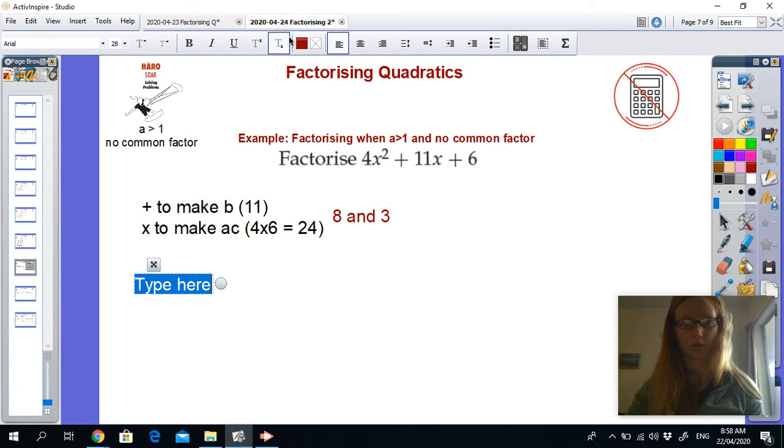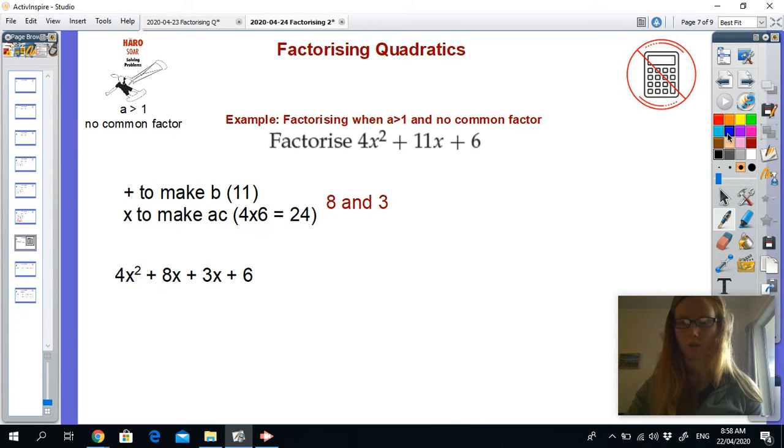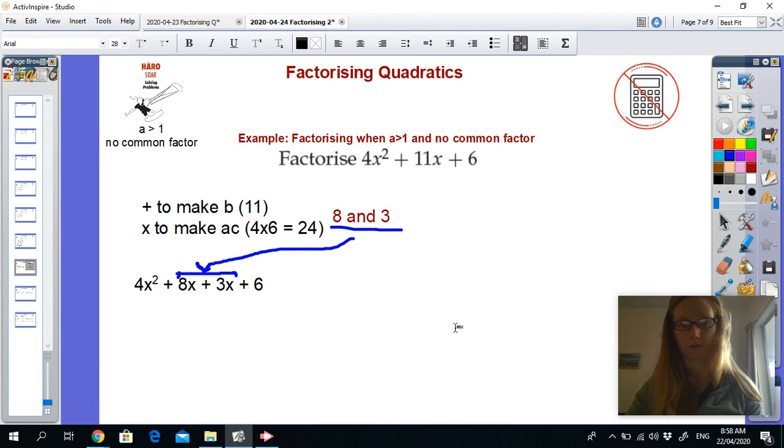Then what you're going to do from there is you are going to split the middle term. So we had 11x. You're going to split it into 2 terms using those 2 numbers that you just found. So we took that 8 and 3, and I split that middle term of 11x into 8x and 3x.